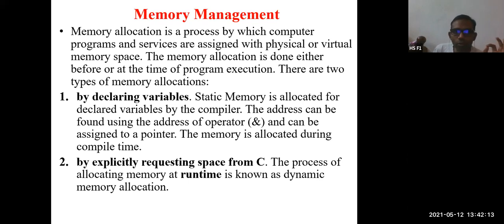As of now, don't concentrate on what is physical memory or virtual memory. Whenever you execute a program, some memory will be allocated for it, whether data memory, program memory, stack memory or heap memory. We say that the memory will be allocated for a variable or a number of variables. The memory allocation is done either before or at the time of program execution.